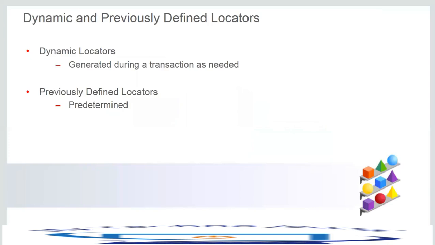Dynamic and previously defined locators. Dynamic locators are generated during a transaction, and if it is a previously defined locator, we have to define the locators well in advance, and then they can be used. Both types of locators use key flex fields.